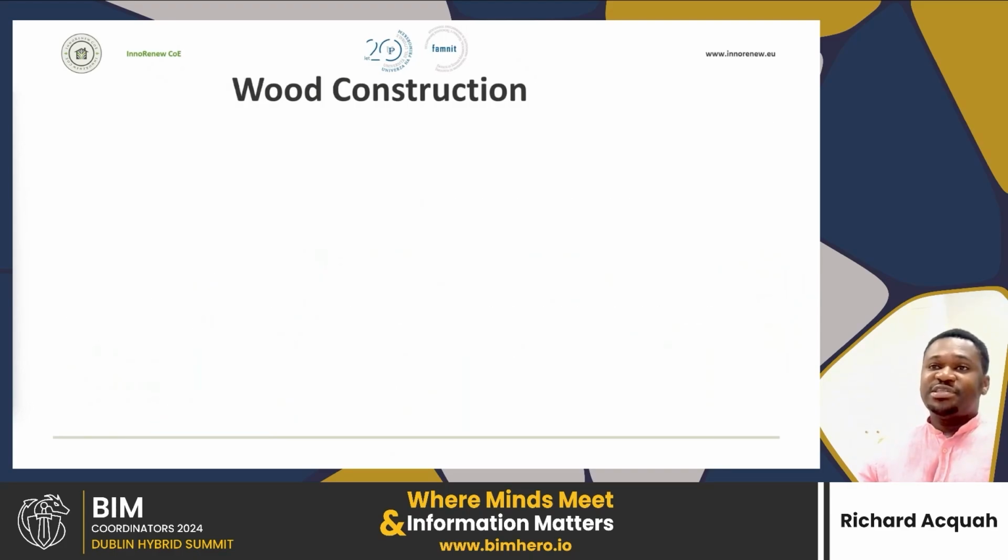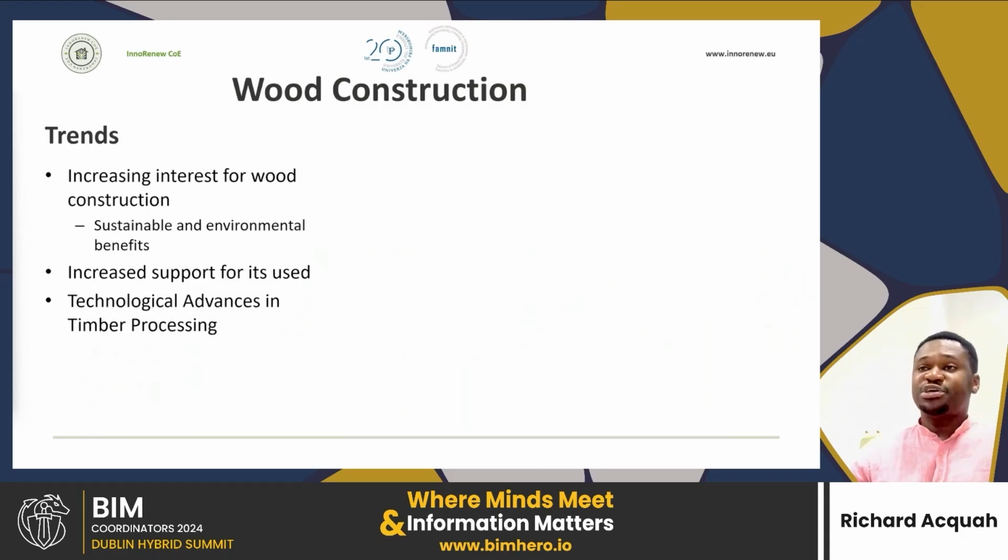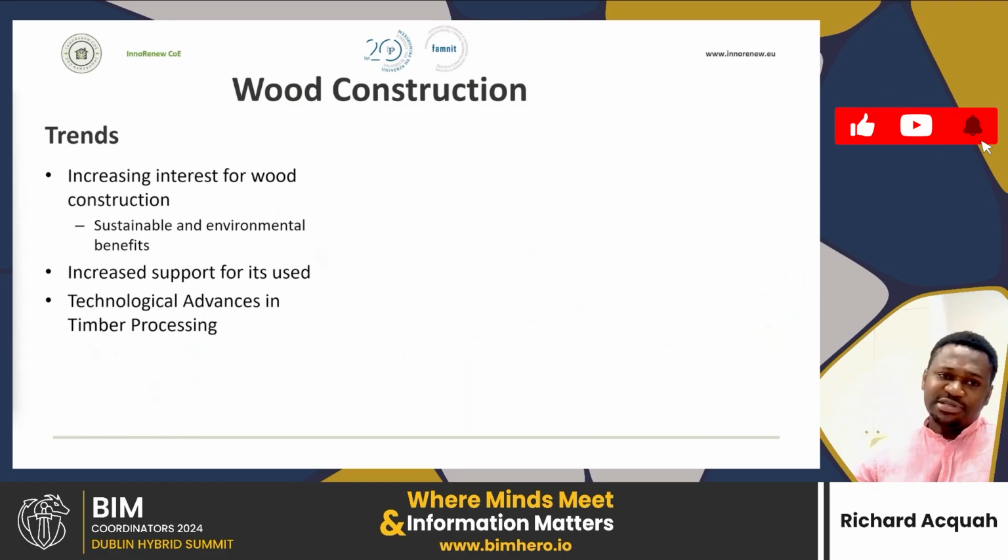So I'm going to start my presentation by sharing with you some trends in the wood construction industry at the moment. At the moment, there is a lot of interest in the use of wood as a construction material. And this is largely because wood is seen as a sustainable and more environmentally friendly material.